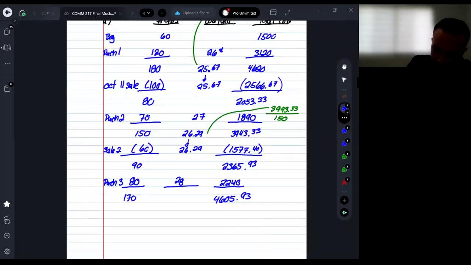So now let's answer the question. What is the cost of goods sold? Who can tell us?